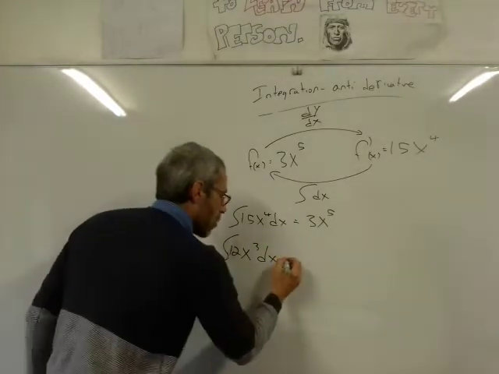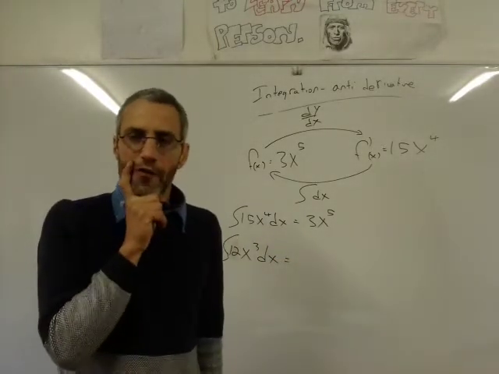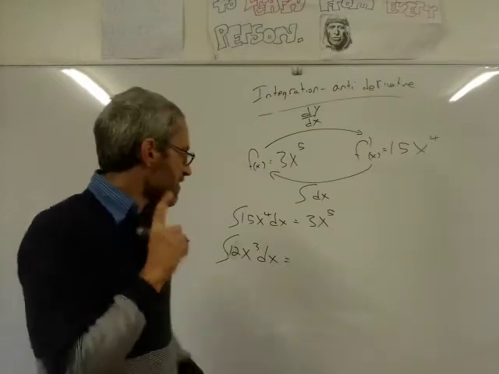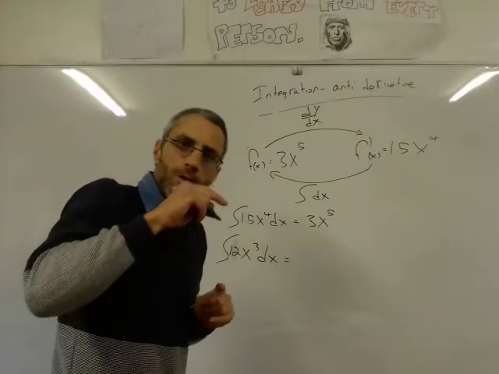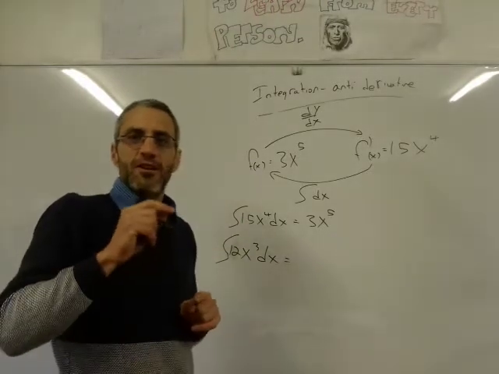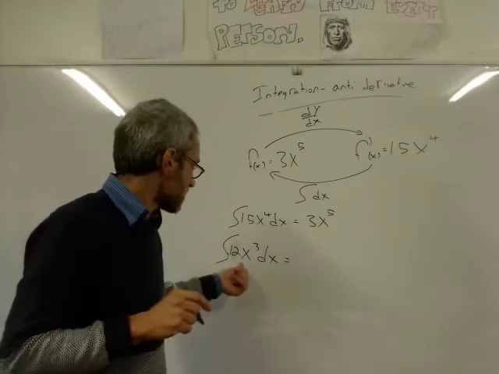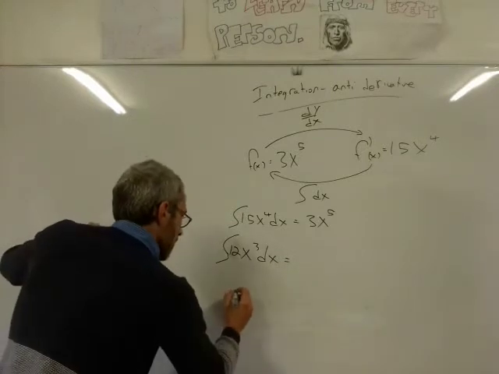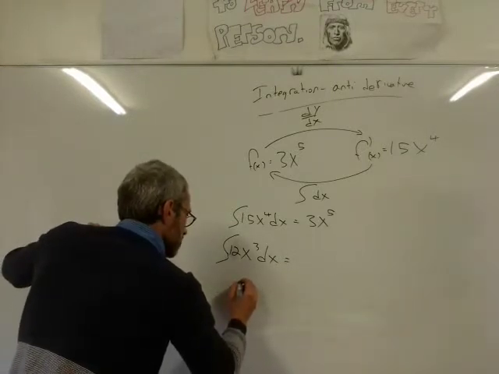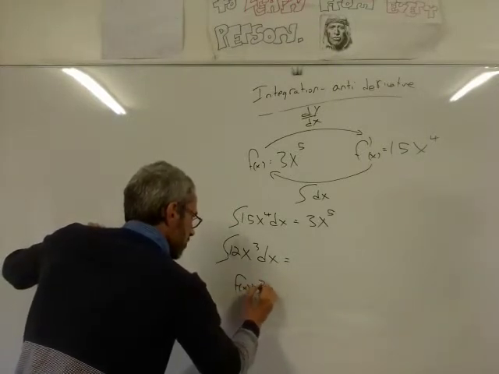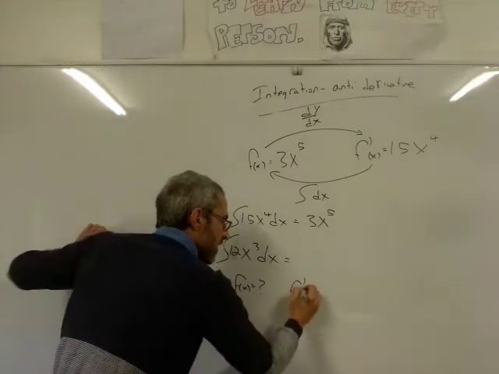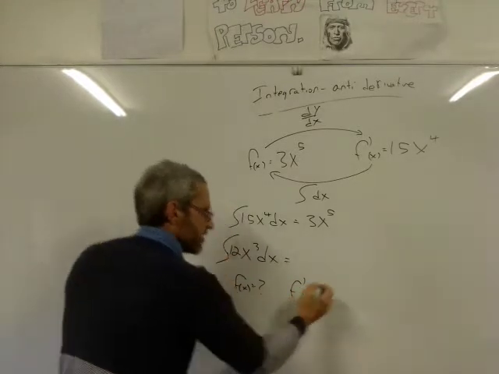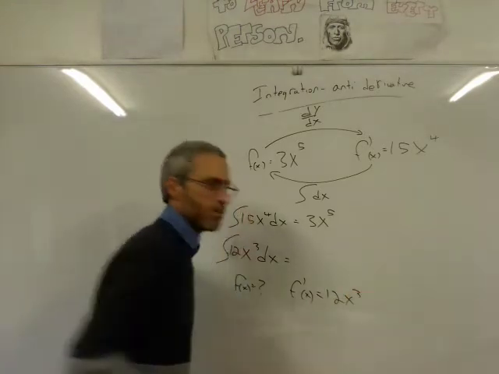So I have to think about a function such that if I find its derivative, the answer is going to be 12x to the power of 3. That's the function I'm looking for.